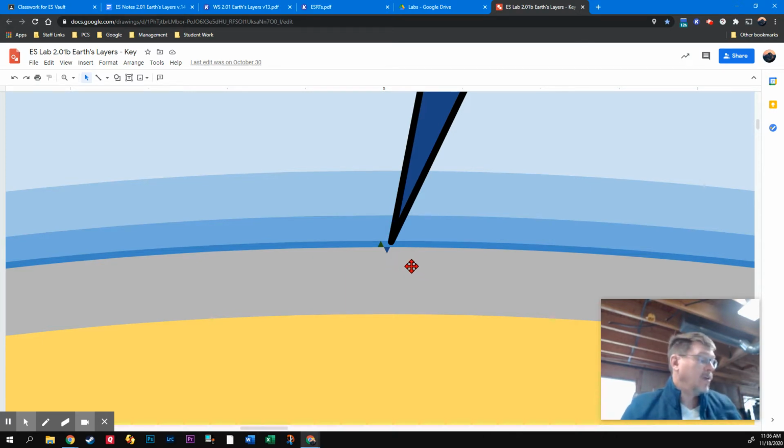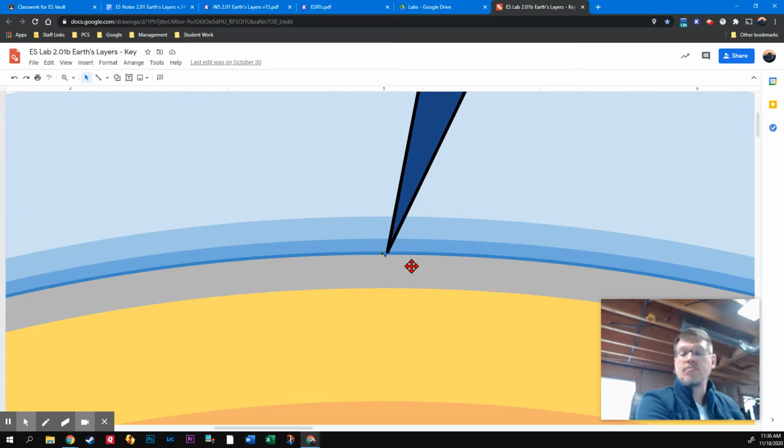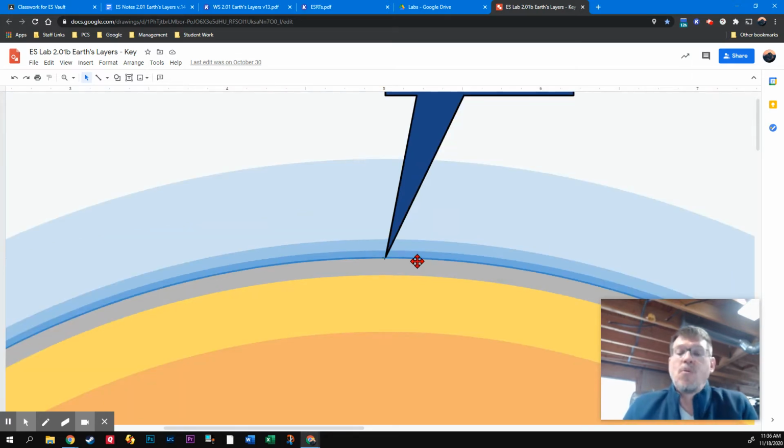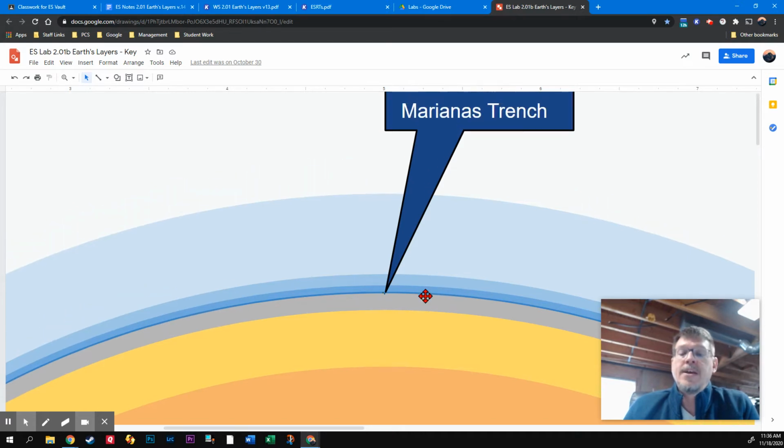If you did the lab, you should have 4 layers, which on my example includes all 4 of these blue layers. If that tiny triangle represents the maximum depth of the ocean, and these 4 layers represent the maximum thickness of the atmosphere, then the ocean is definitely not as thick as the atmosphere.